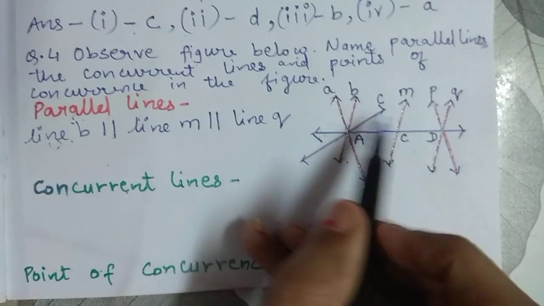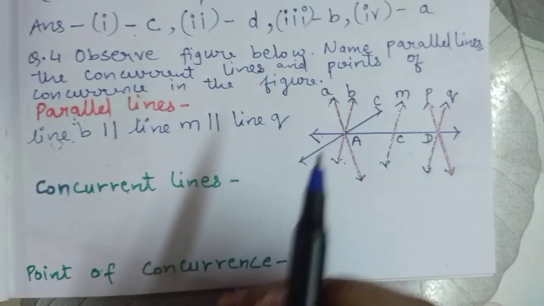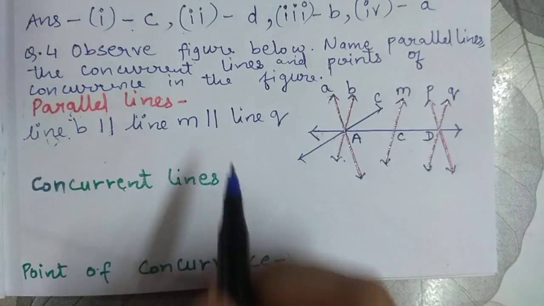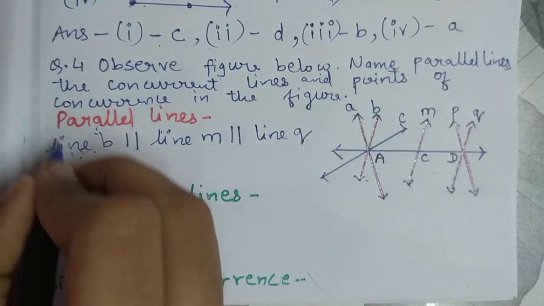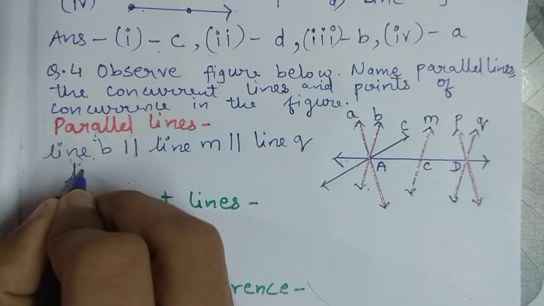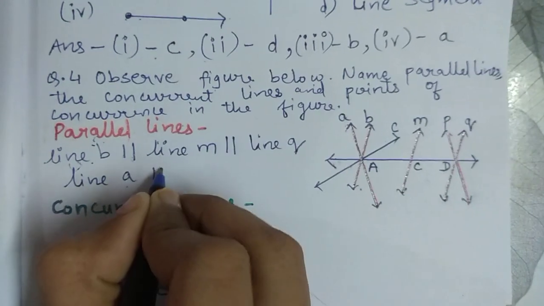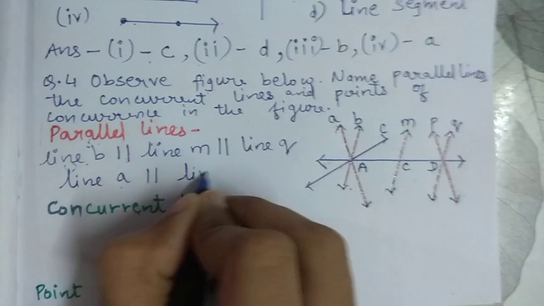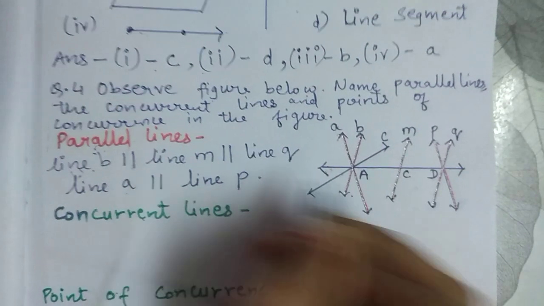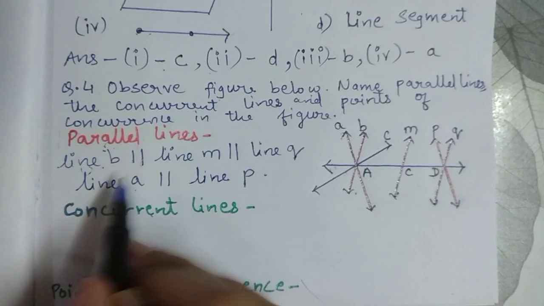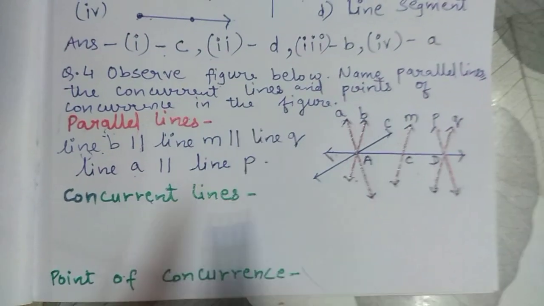So when we have to write the next set, always and always write on the next line. So I am going to write line A is parallel to line P. Okay, so there are two sets of parallel lines.